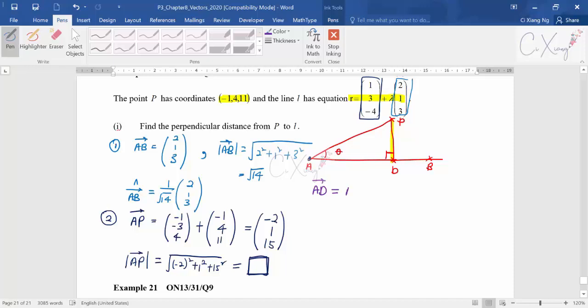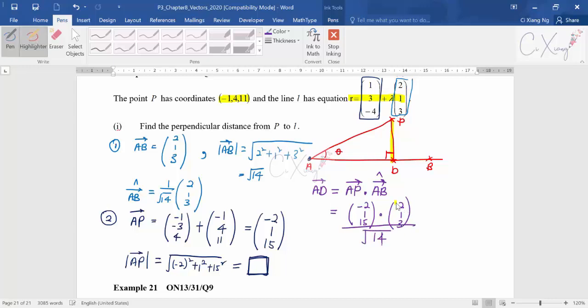So AC means AP in our example here, dot the unit vector of AB. Okay, so what is AC? So AC is -2, 1, 15 dot (2, 1, 3) divided by square root 14.